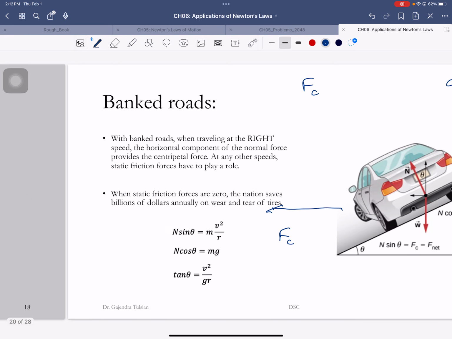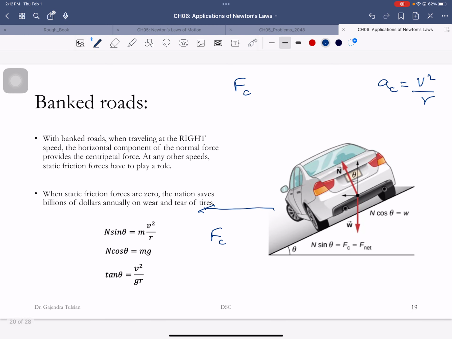That's how much you needed, so equal to mv squared by r. So what you're going to do is bank the road. There's your weight. The road is pushing you with that force. That force is balancing mg cosine theta.